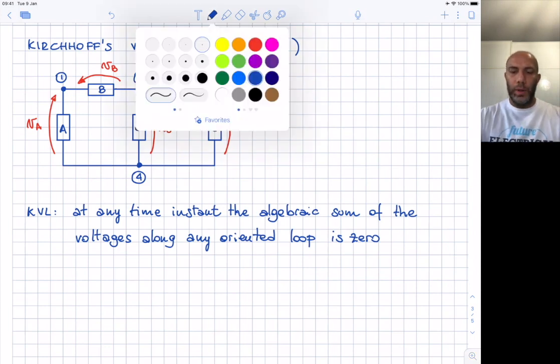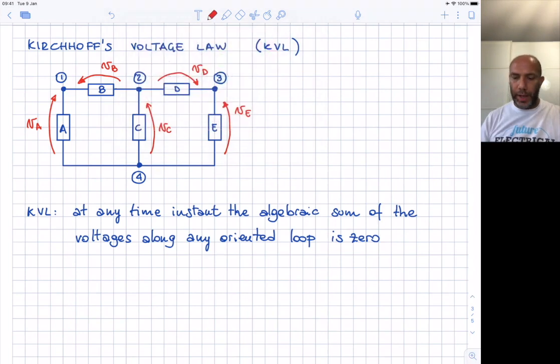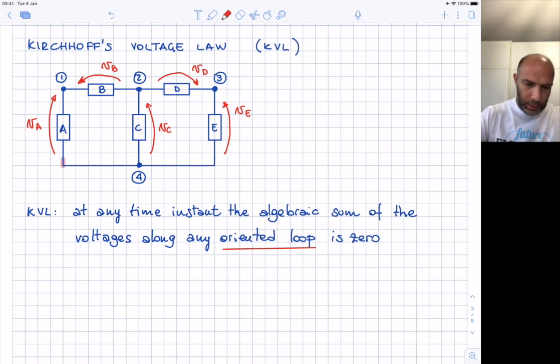This time we define an oriented loop as a closed path. For example, the path that is passing through the component A, B, and C.